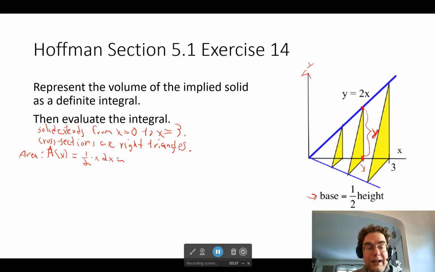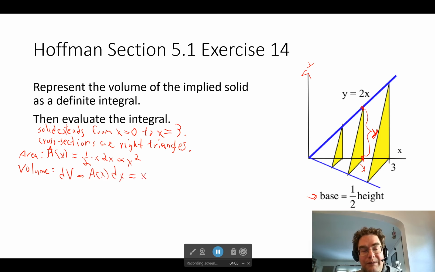When this all shakes down, the area of the cross section is just x squared. That's great, because now we can do the volume of one of our slabs. As long as we use a slab of differential thickness, as we like to do, our differential volume is going to be A of x dx, which is just x squared dx.